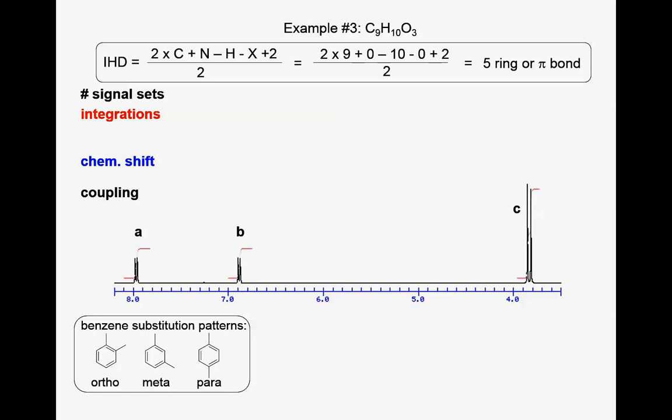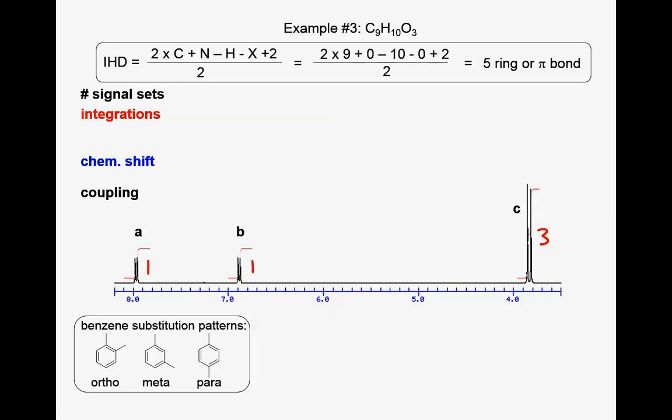Now, we look down here, we see we've got 2 peaks in the region of 7 to 8. Furthermore, our integrations are 2, 2, and over here on the right, let's say, 1, 1, and 3. All right, so that's our integrations. Does that make sense given our molecular formula?